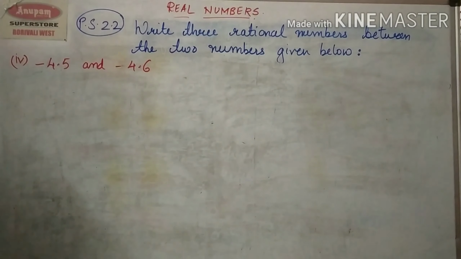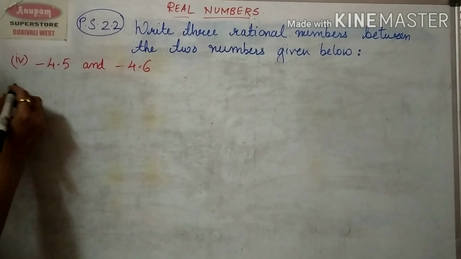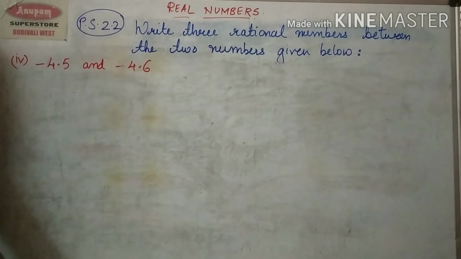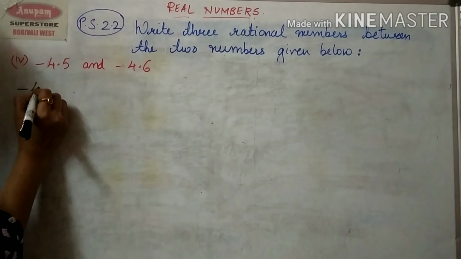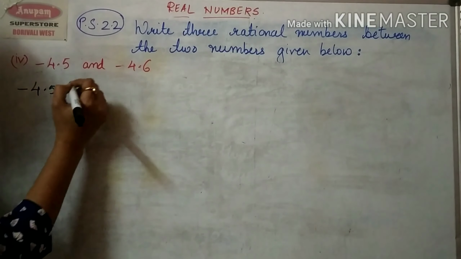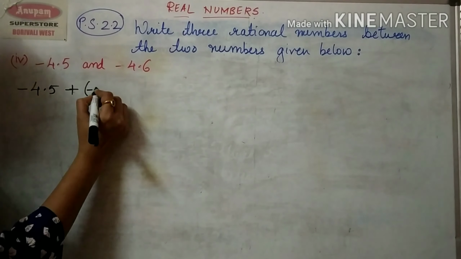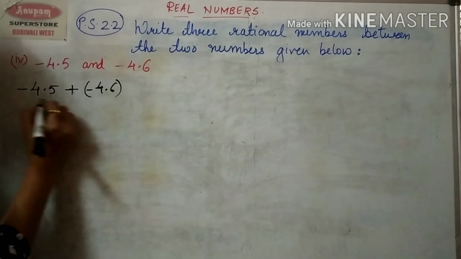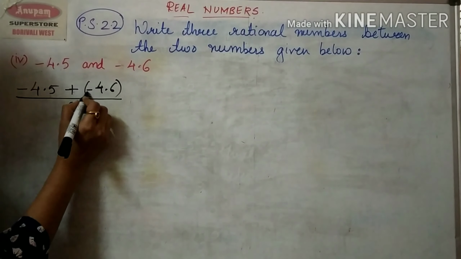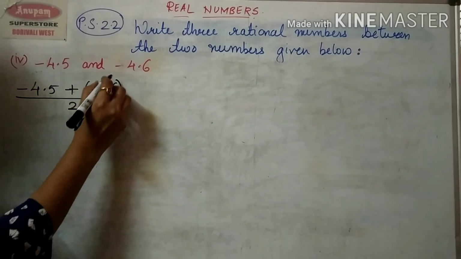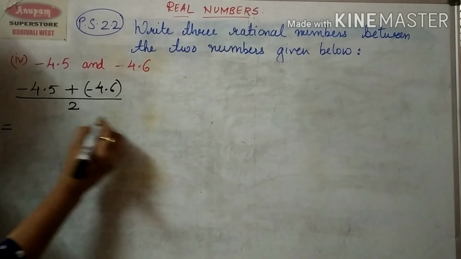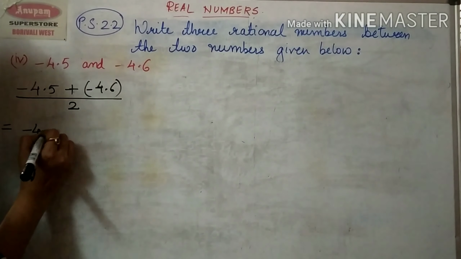Now the next example is minus 4.5 and minus 4.6. So I'll do like we always do. We are going to add both the numbers and divide it by 2. So minus 4.5 plus, instead of and you will add minus 4.6 upon 2. You cannot write 2 signs besides each other, so you always put a bracket here. Now minus 4.5.